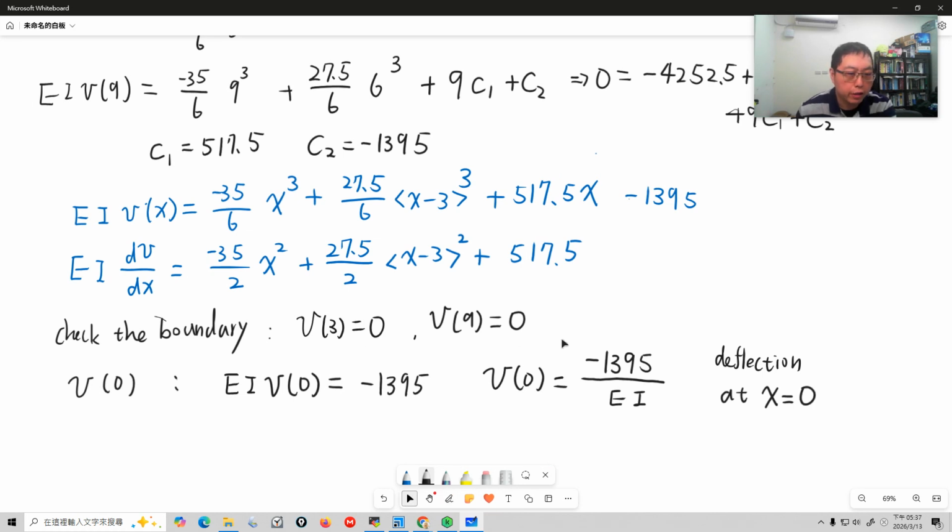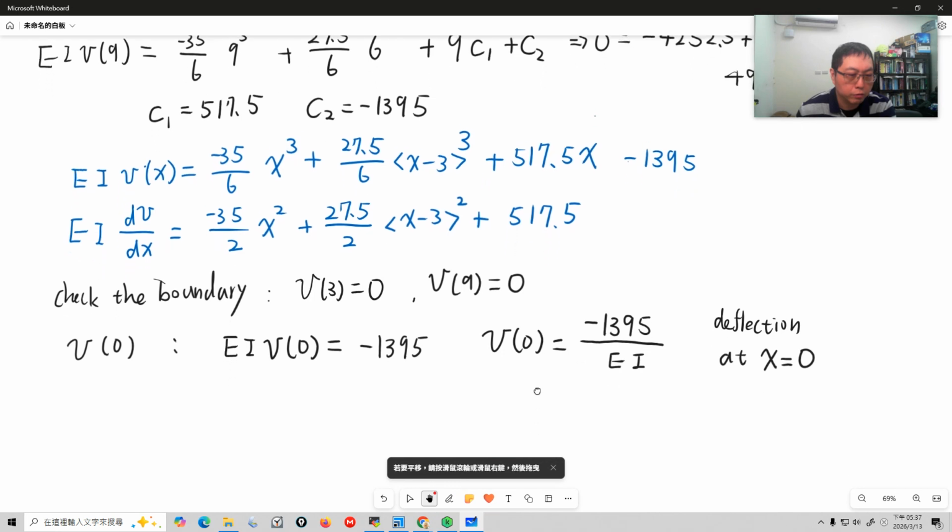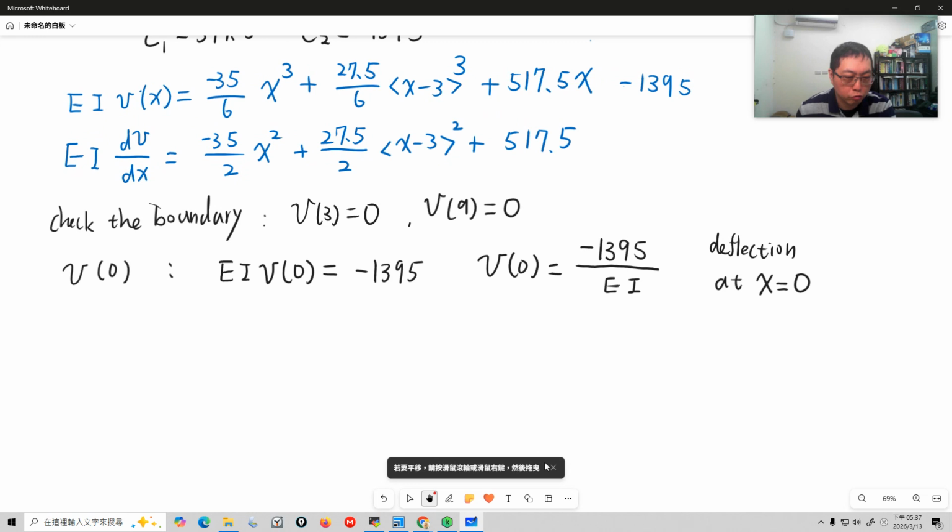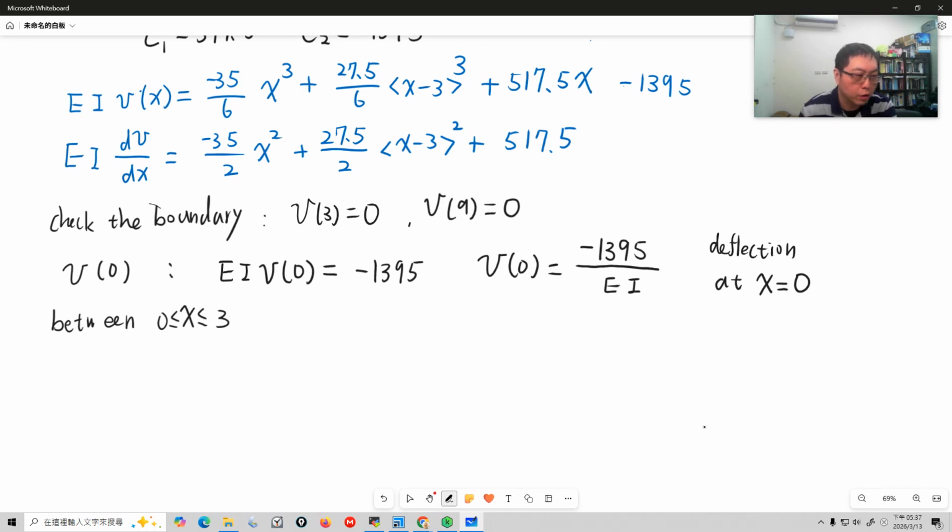Between x equal to 0 and 3, let us draw a graph here. This is x equal to 0, this is x equal to 3, and this is the zero displacement axis, the coordinate of the system.